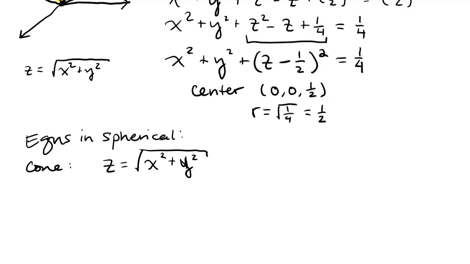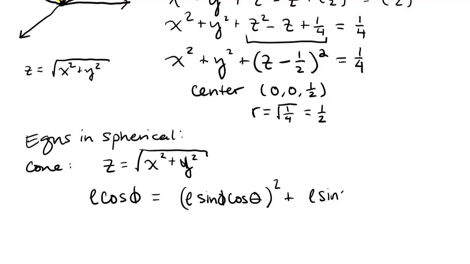If we make all of our replacements, z is rho cosine phi. x is rho sine phi cosine theta, quantity squared. y is rho sine phi sine theta.